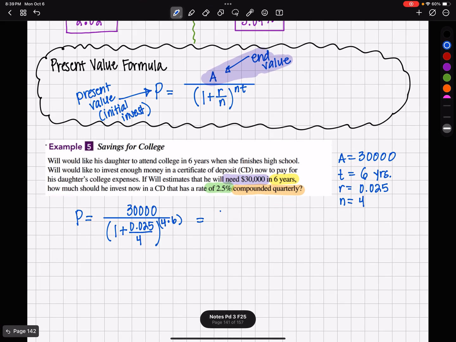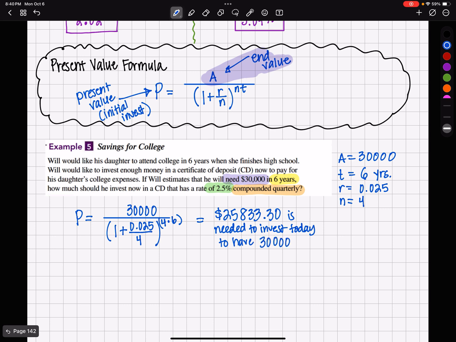So that's going to equal $25,833.30 is needed to invest today to have $30,000 in 6 years.